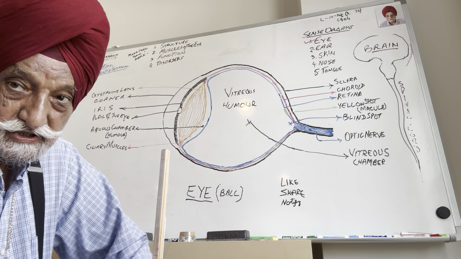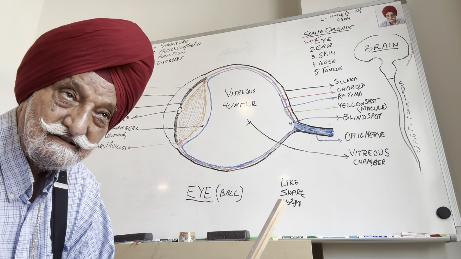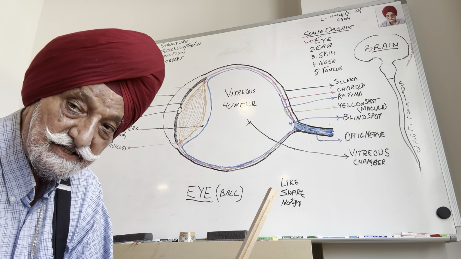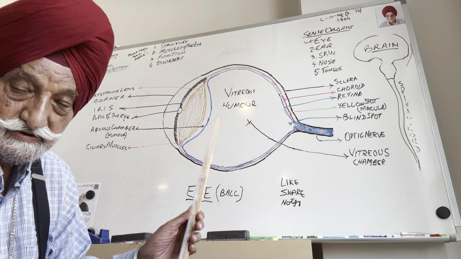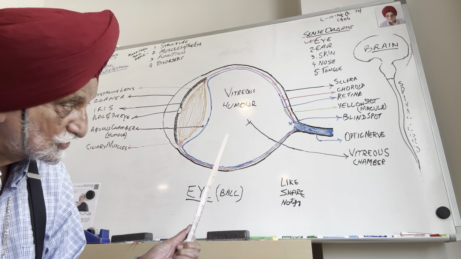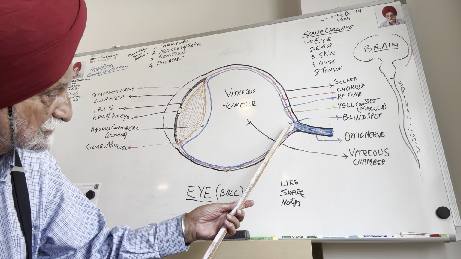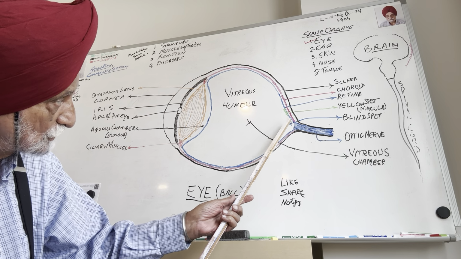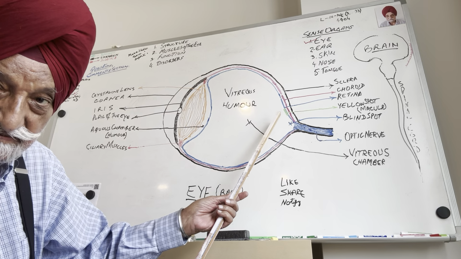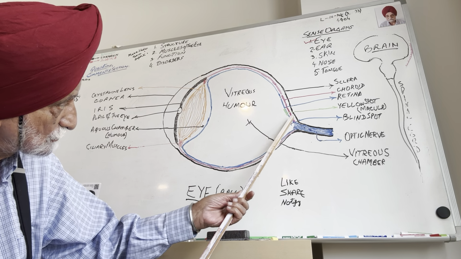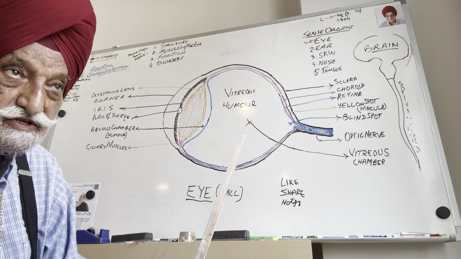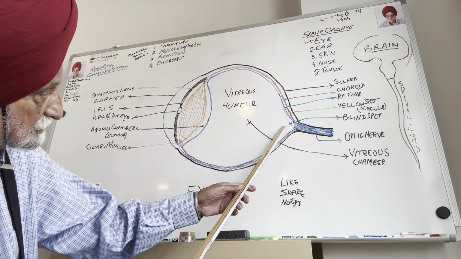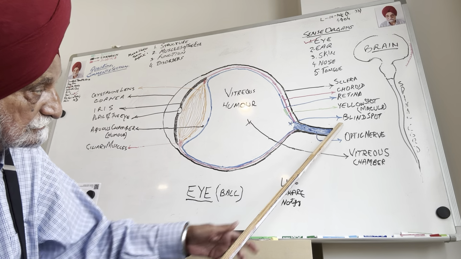These are special cells which are particularly present in the eye and are sensitive to light. These rod cells and cone cells are not present at the point where the optic nerve comes out. Because there are no cells there, this spot of the retina is not sensitive to light. Therefore, this is called the blind spot.